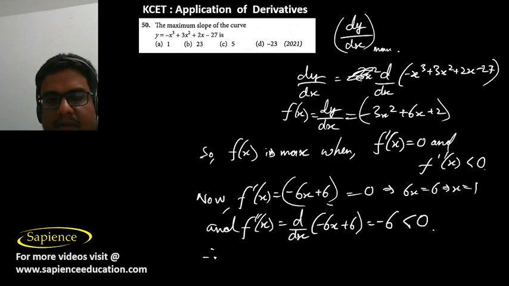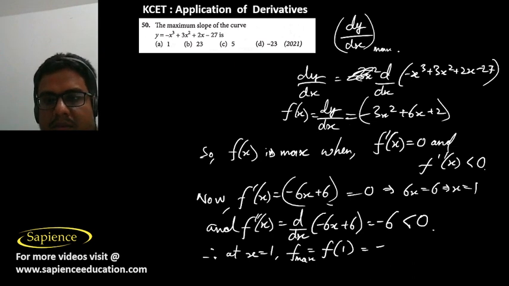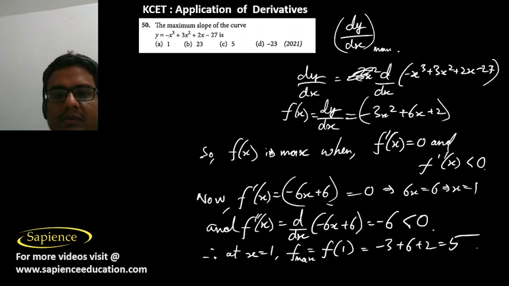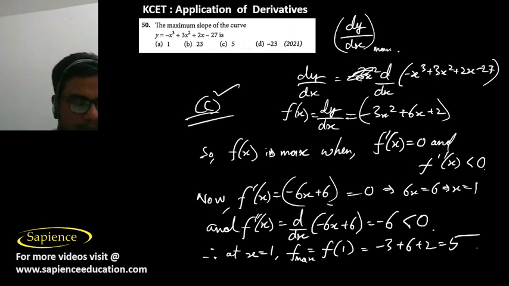Therefore, at x equal to 1, f max value is equal to 3 plus 6 plus 2. So option C is the correct answer.